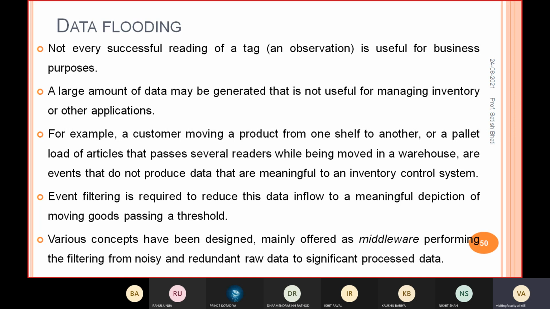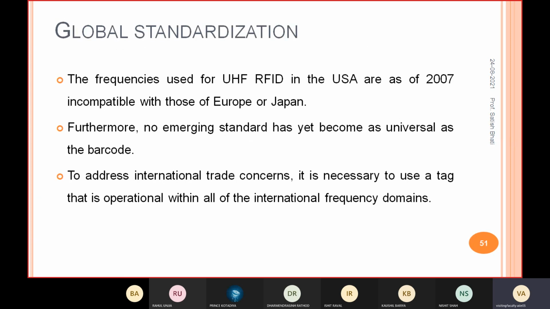The function of this RFID middleware is to filter or remove the redundant data, and whatever data you are getting, to display that data in some meaningful manner. So data flooding is one kind of problem: information or data which is not useful, that you call data flooding.